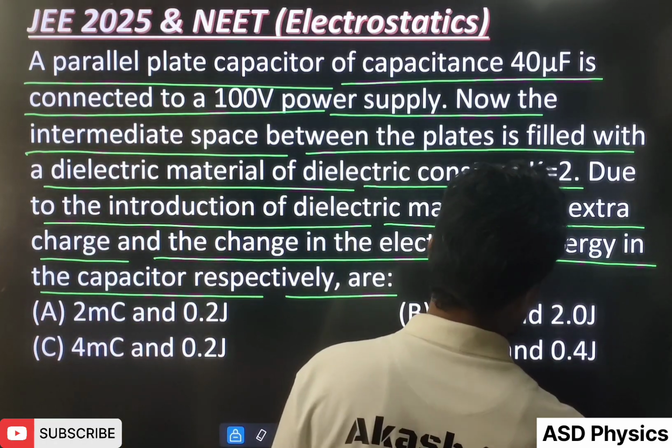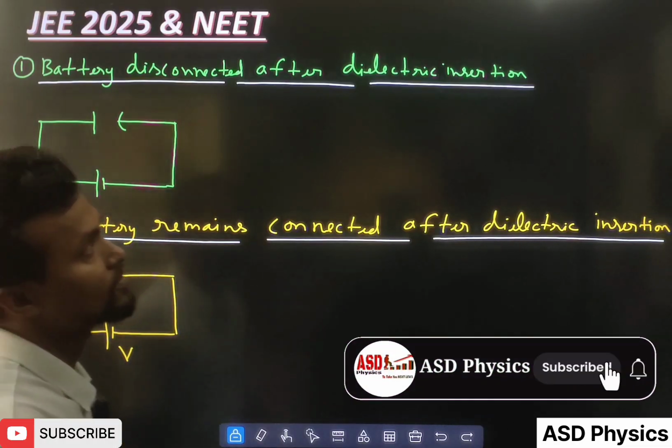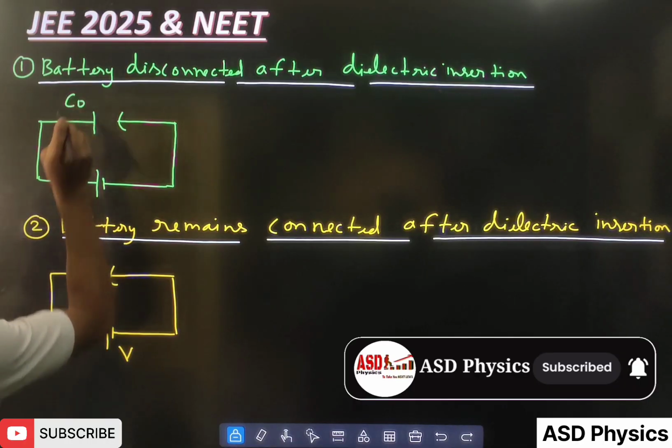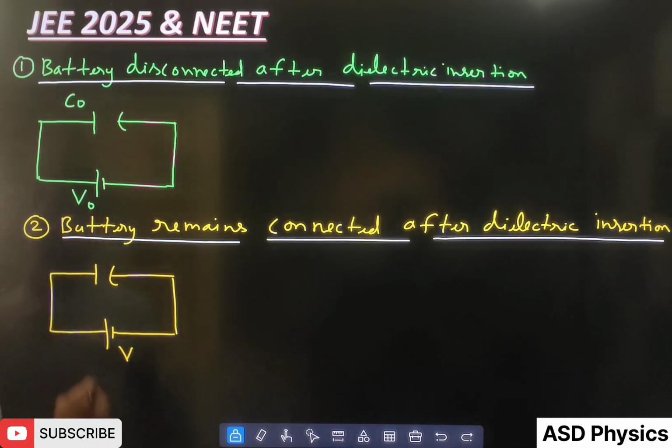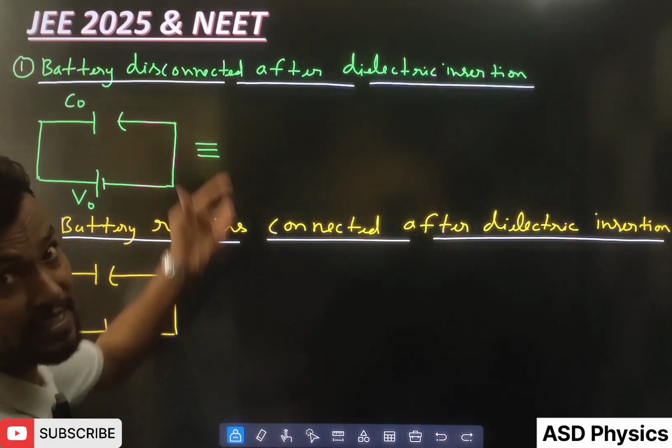So see here, first I have taken the case of the battery disconnected after dielectric insertion. One capacitance is there, C0, and let's take the battery as V0. Now in this situation we are disconnecting the battery.